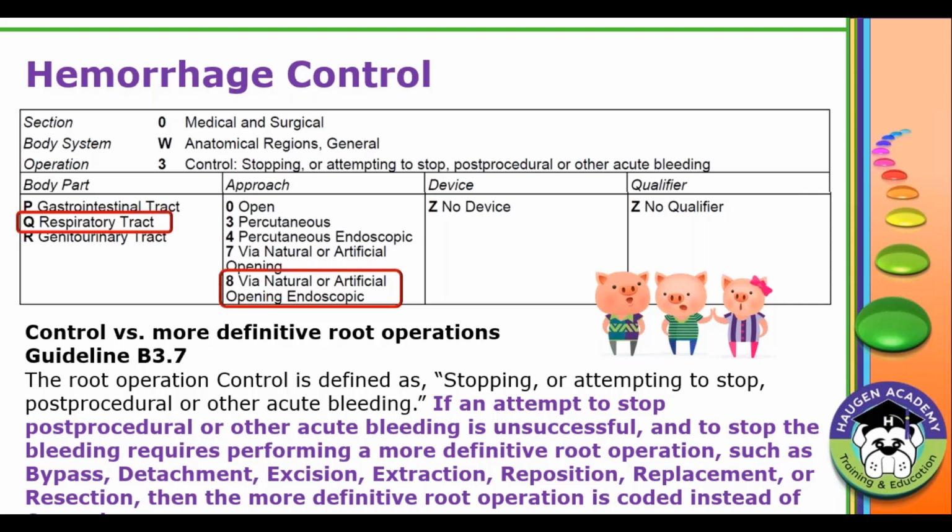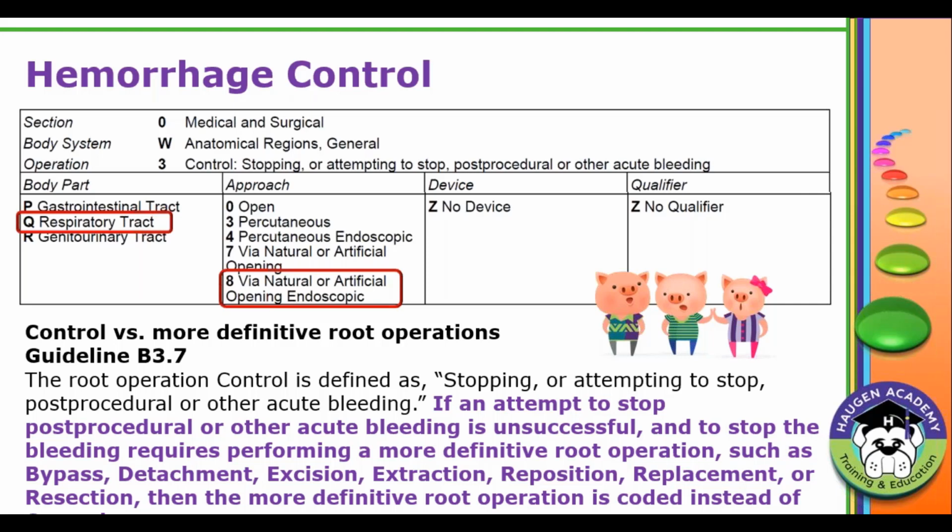Before I get into the guideline, I just want you all to remember that there are very few tables in the PCS codebook that have this root operation. Prior to the current fiscal year, it was only found in the 0W3 table, but for fiscal year 19, they added one in the nose body system somewhere so that we could code control of nasal hemorrhage.